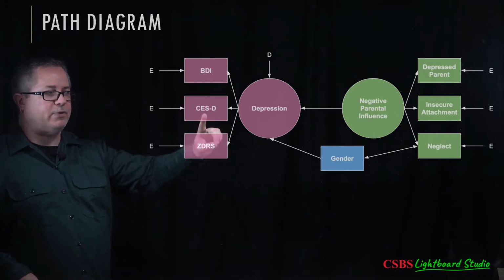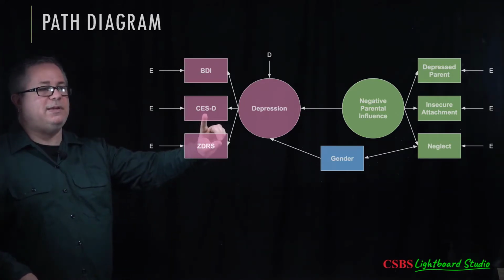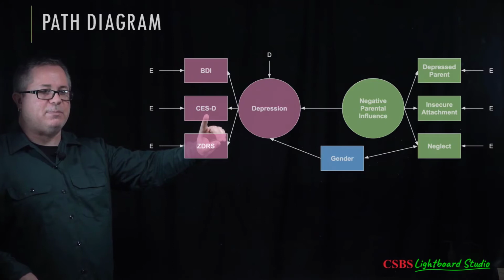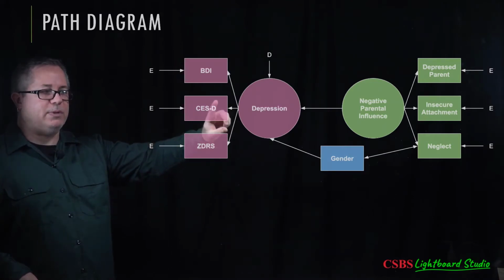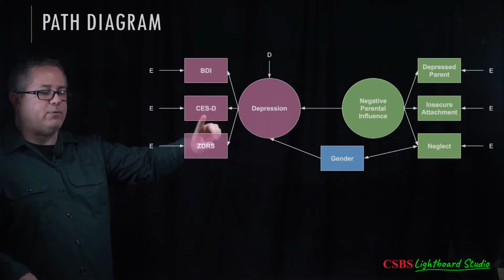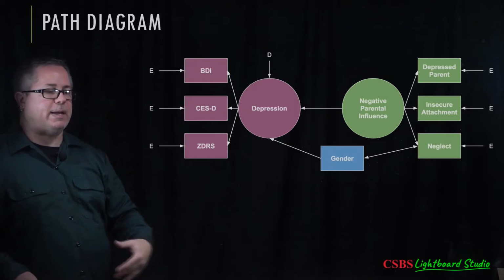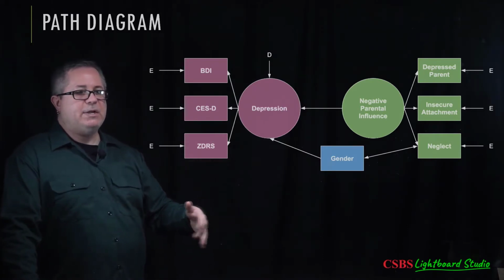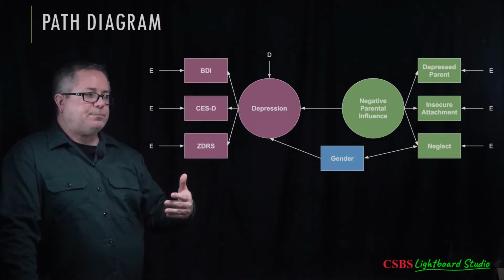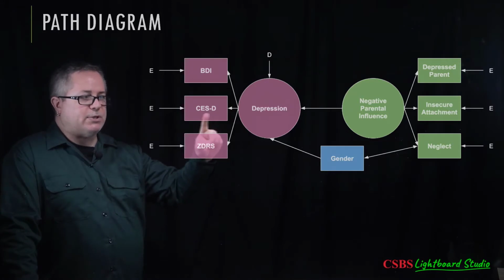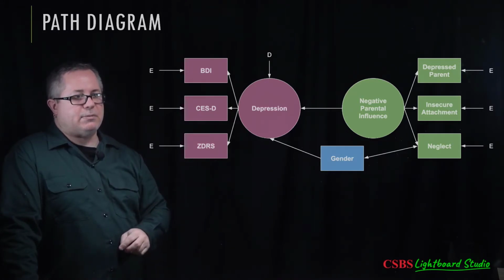Everybody's getting one CESD score that's directly measured, right? So we're assuming the CESD in this case is not a latent variable. We're just using everyone's single score that you get from adding up all the items on the CESD. Everyone's getting just one single score that represents that level.